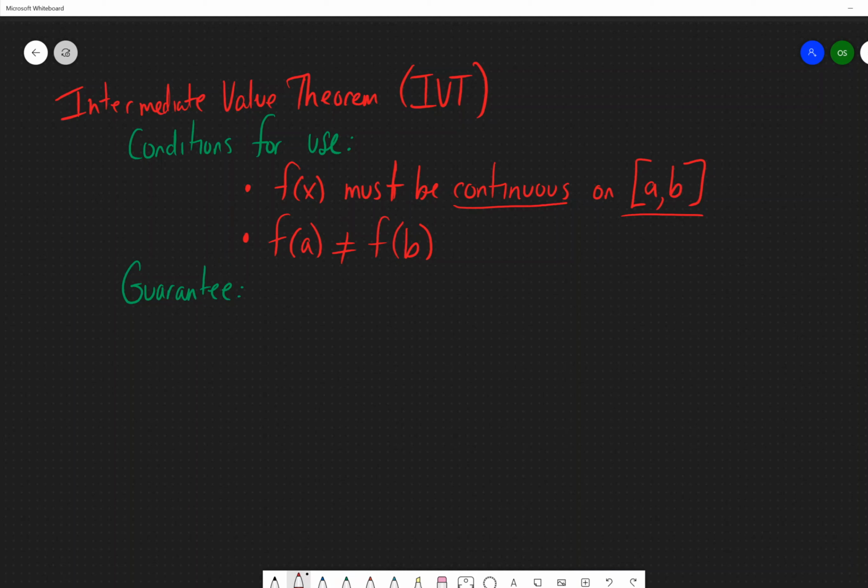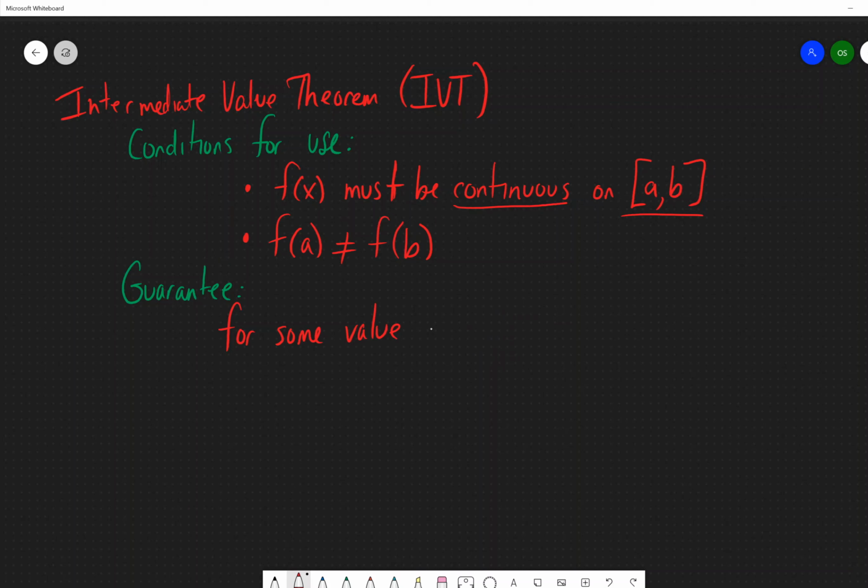So for this one, it guarantees that for some value d, which is between, well, actually, let me not write it that way, because we don't know if a is bigger than b.